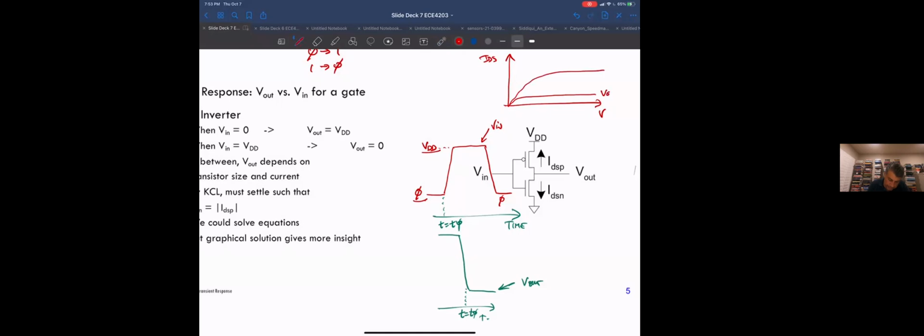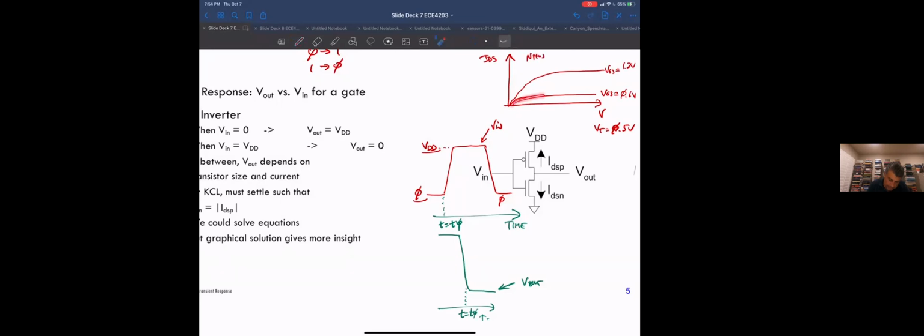So let's say the threshold voltage of this device is, I don't know, 0.5 volts. Let's say this is VGS of 0.6 volts, and this is VGS of 1.2 volts for the sake of discussion. Okay, so this is all for the NMOS.